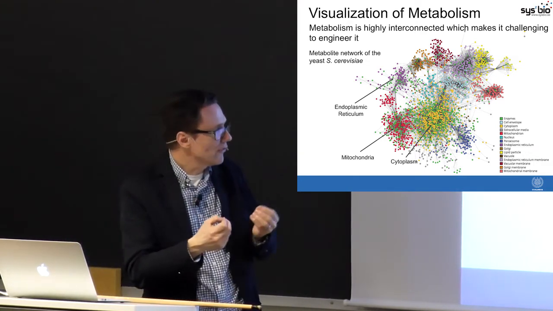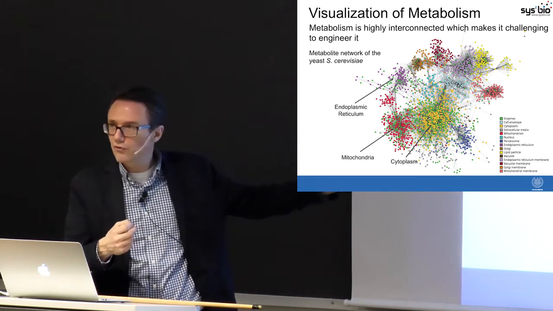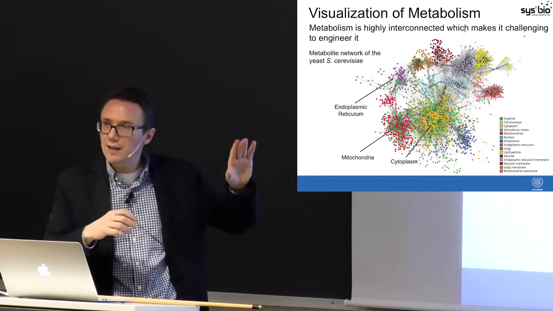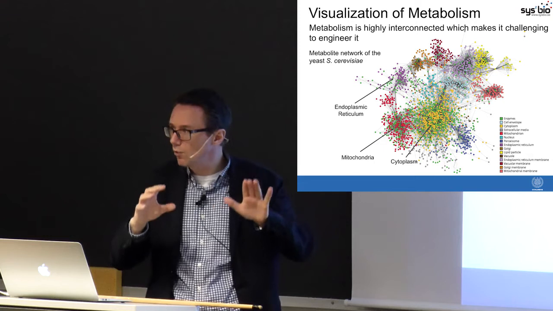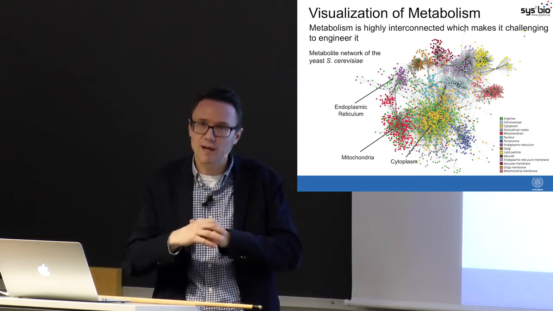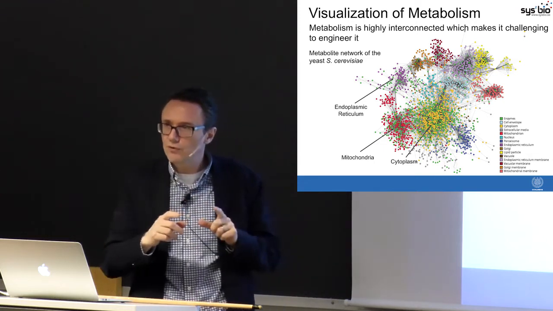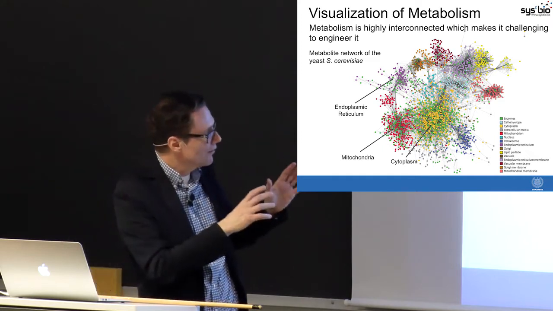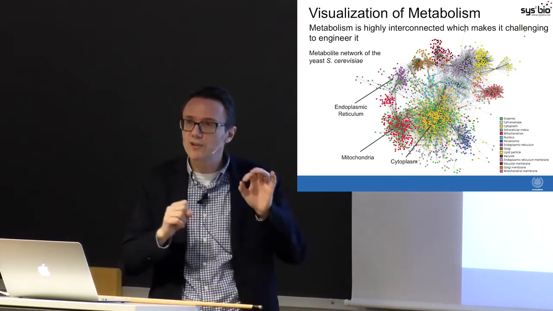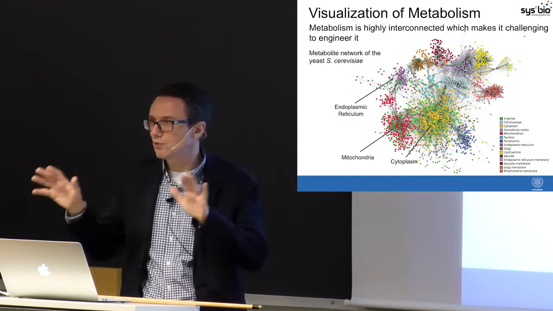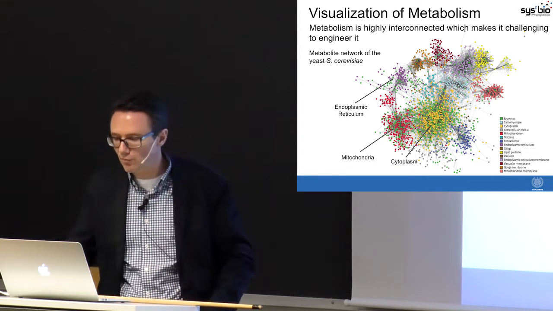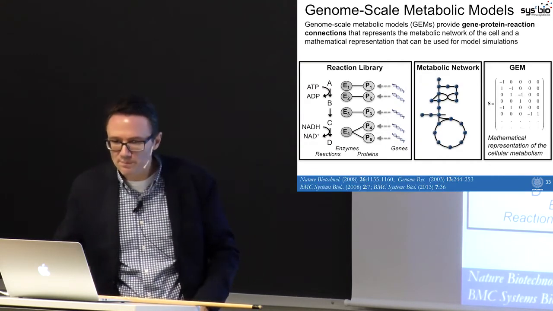And this means, of course, that in order to keep homeostasis of metabolism, the cell will have to evolve a global regulation on these different pathways. But it also imposes some constraints, because the cell needs to balance the flux between these different pathways, and this is what we can take advantage of in modeling.